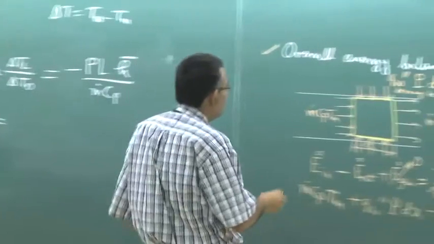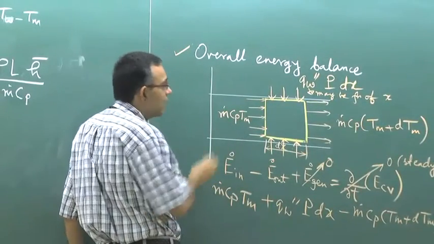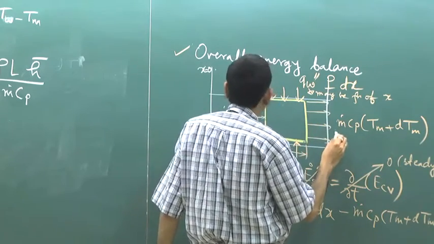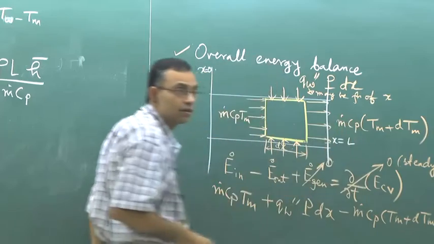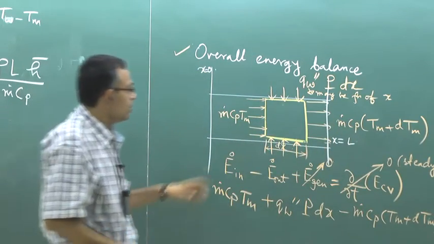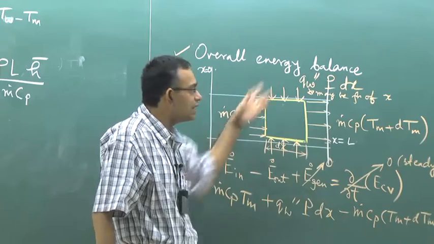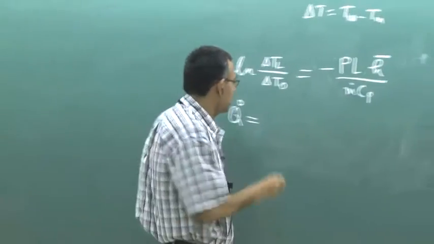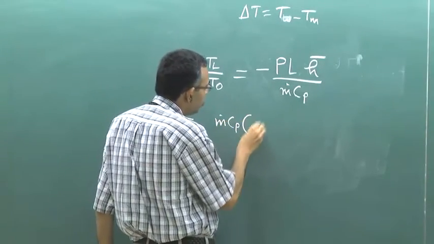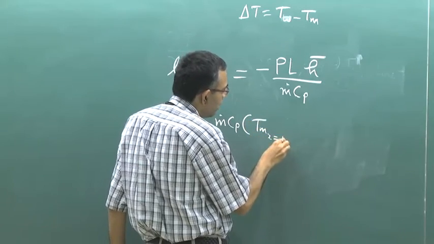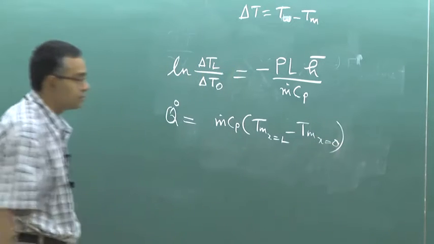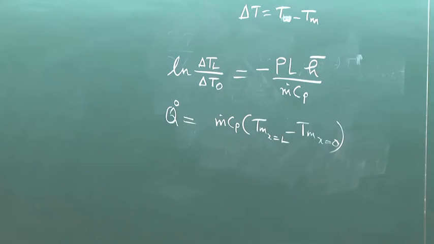So you can measure the thermal energy at the inlet and you can measure the thermal energy at the outlet. So the difference between these two is the thermal energy that is supplied from the wall. So you can say Q dot is nothing but m dot Cp into Tm at x equal to L minus Tm at x equal to 0, right.